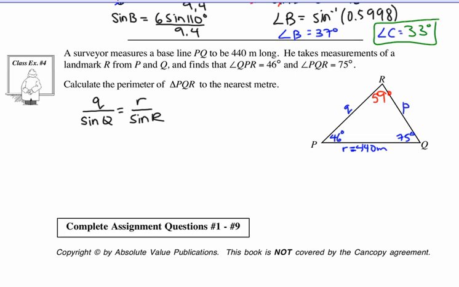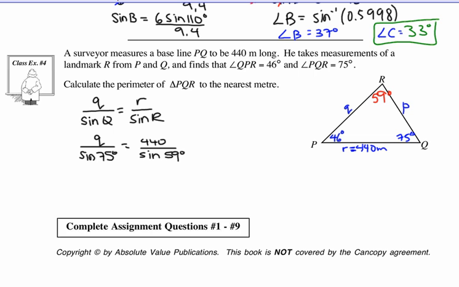Okay, subbing in, q is unknown, so leave that as q over sine of 75 equals r. Little r is 440 meters over the sine of angle R, which is 59 degrees.